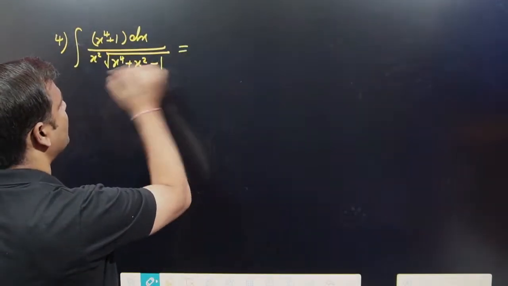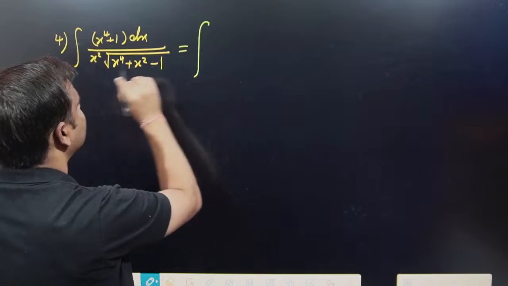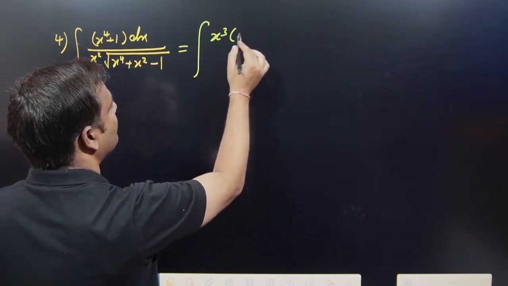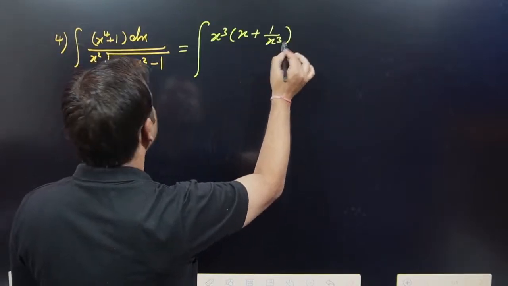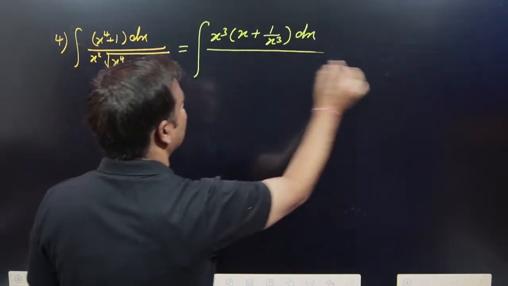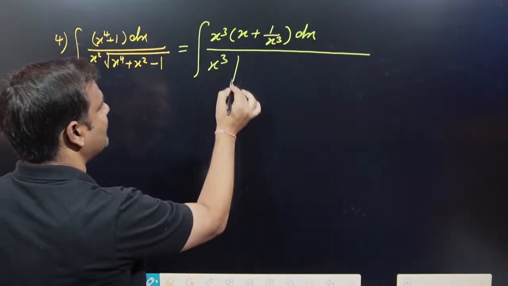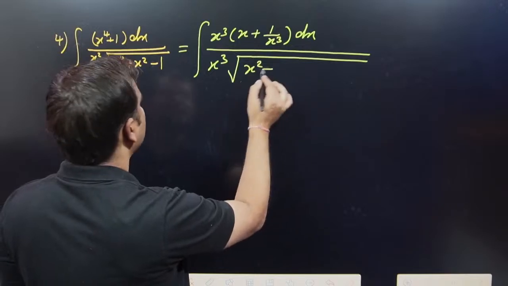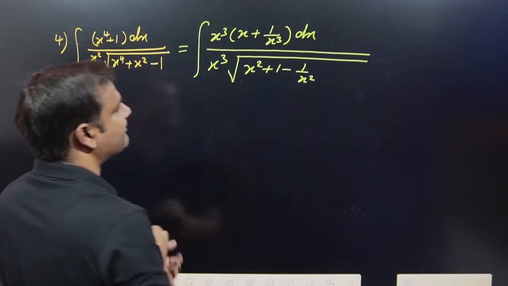Now how can we do this type of problem? Simply, if x is common in the denominator and x cube is common in the numerator, then this one is written 1 over x plus 1 by x cube dx divided by how much? That one is written x cube, and here that one x square plus 1 minus 1 by x square.